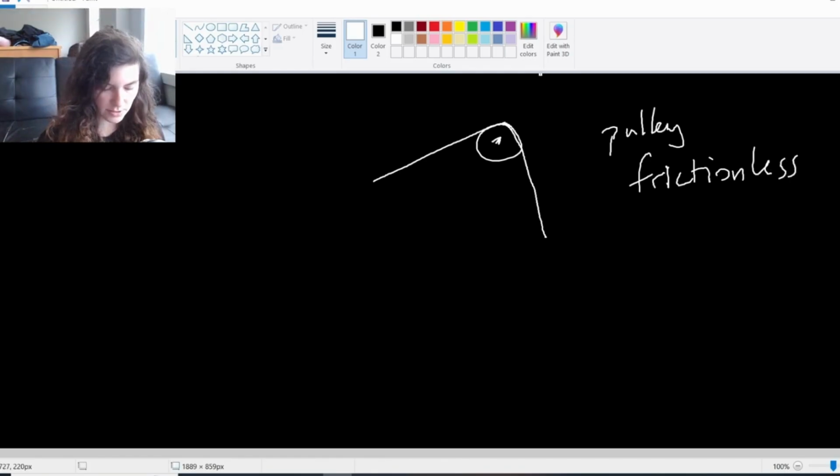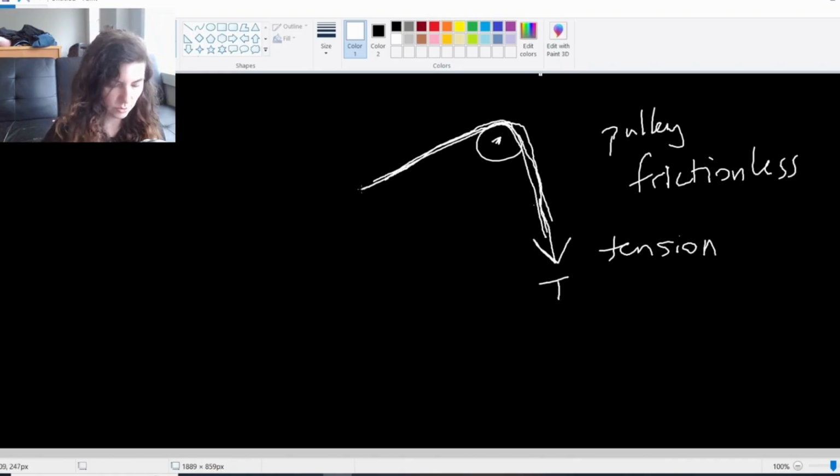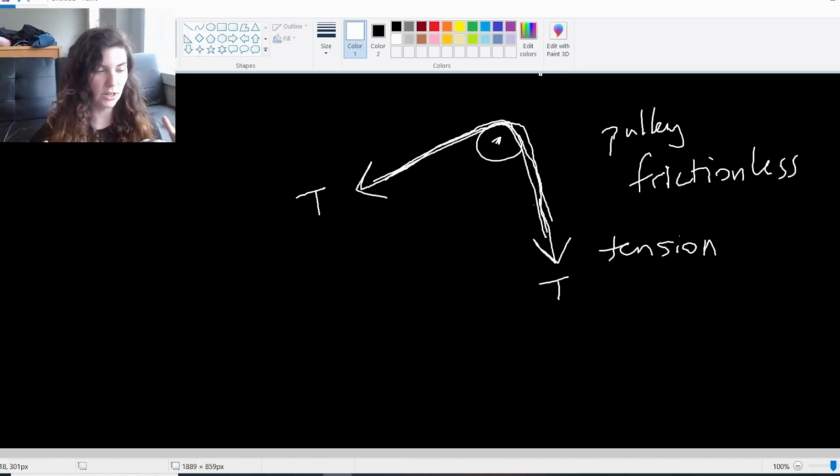And for the cables themselves, the ropes that come off of this pulley system, we always assume that they are in tension, and only tension. They're never being compressed, they're never being squeezed. We always assume that the forces are coming out in tension, which we often label the tension force as a capital T. We also assume that the cables don't weigh anything, so they're not contributing any mass.